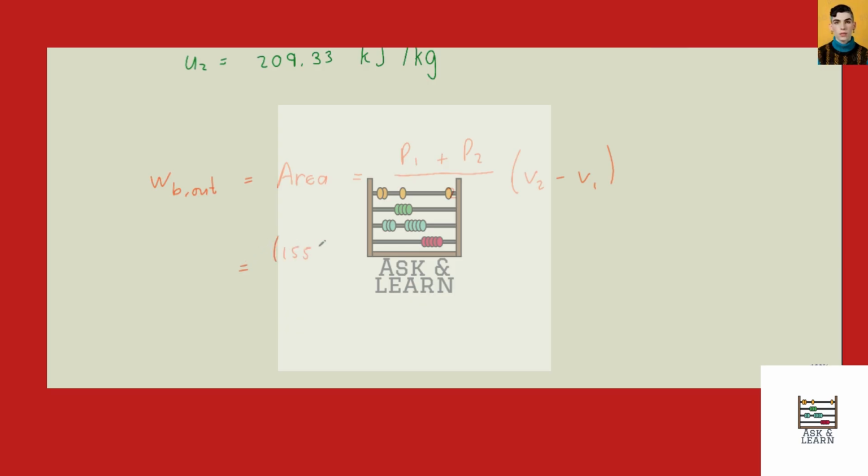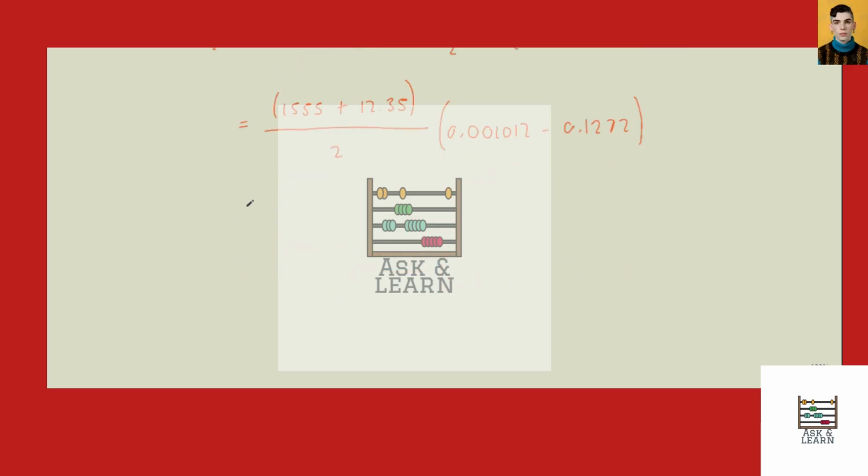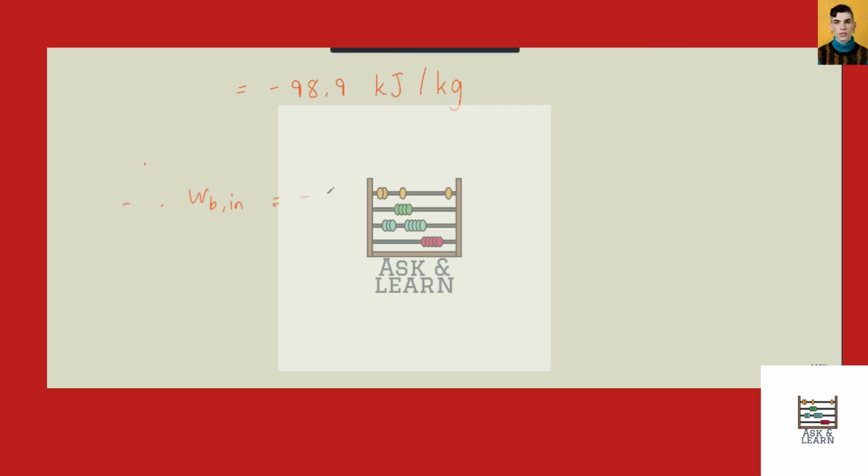So this is (1,555 plus 12.35) over 2, we'll suppress the units here, times (0.001012 minus 0.1272), that's cubic meters per kg, and we get the boundary work out to be minus 98.9 kilojoules per kg, which simply means that the specific boundary work into the system is equal to the negative of that value.